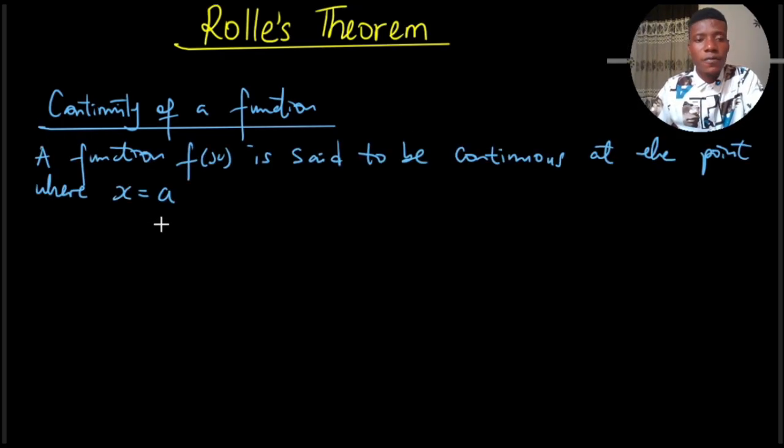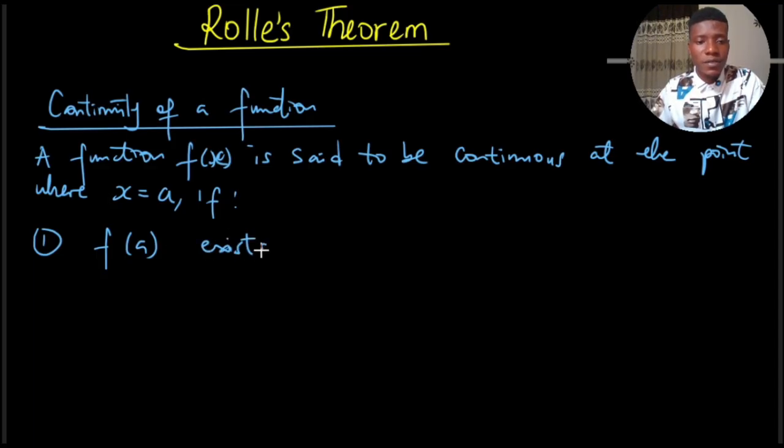A function f of x is said to be continuous at the point where x is equal to a if the following conditions are satisfied. 1. If f of a exists. 2.